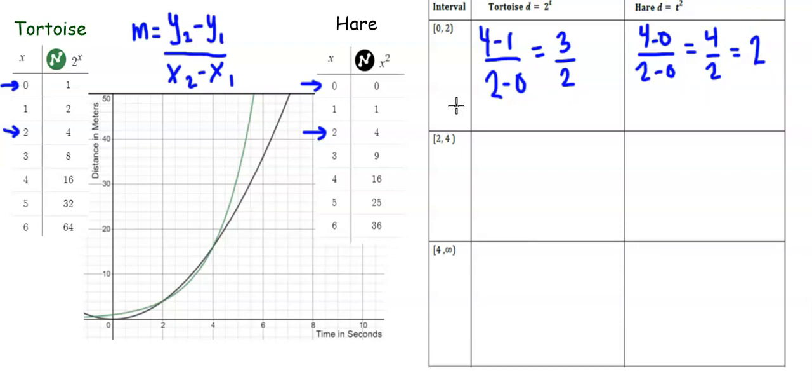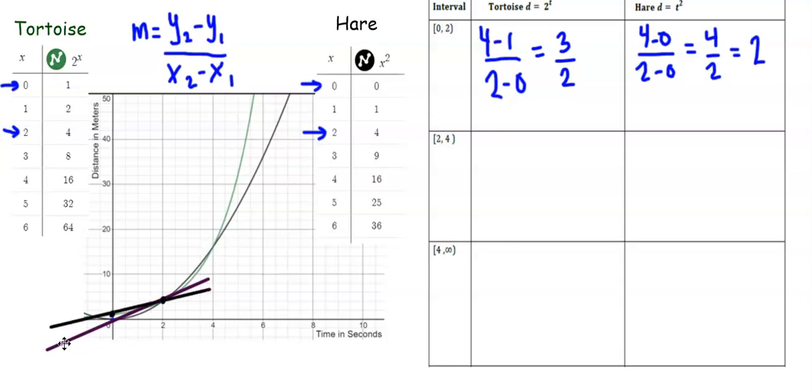Now that should make sense from the graph, because if I look at where x equals 0 and x equals 2 for the hare, and I draw a straight line that goes through those points, now I want to compare this line to a line that I get when I connect these 2 points that are on the graph that's modeling the tortoise's distance from the starting line.